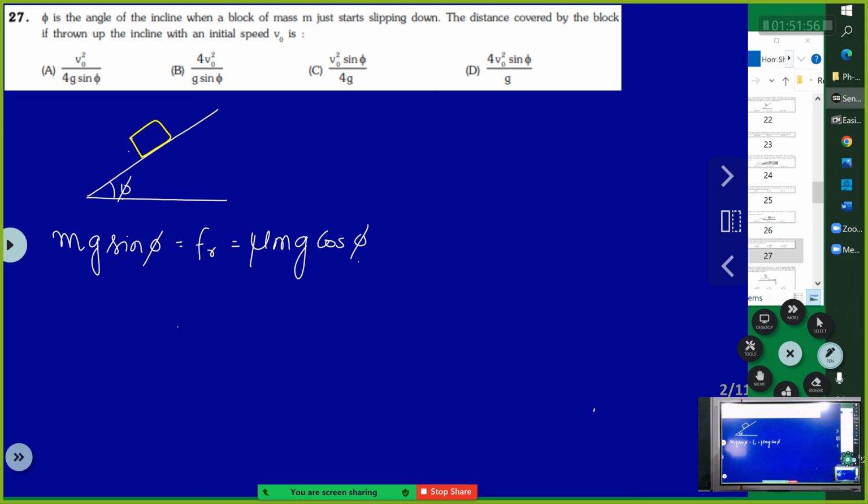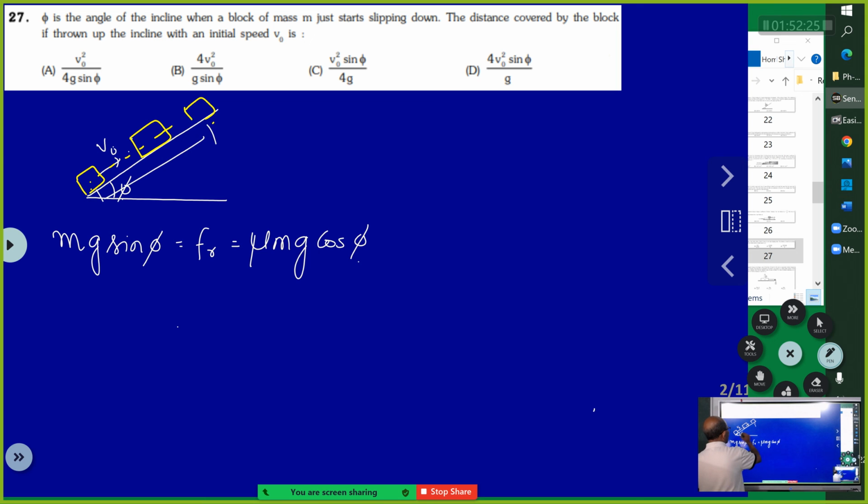Now we throw it up with V0. If you keep it here and give it a velocity of V0, then the distance covered by the block up the incline with initial speed V0 is what they're asking. That means it could have moved from here to here.